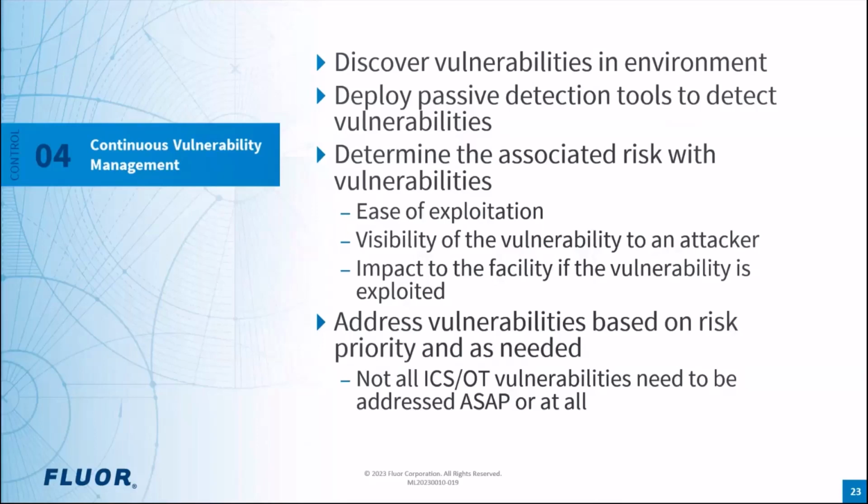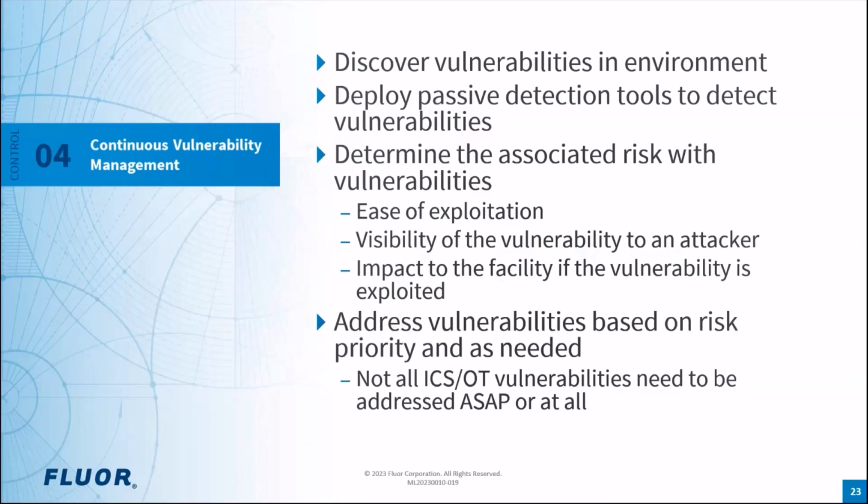If I have a control system like a PLC that's embedded deep within the OT network, with almost no visibility for an attacker to be able to interact with it, do we need to fix it?